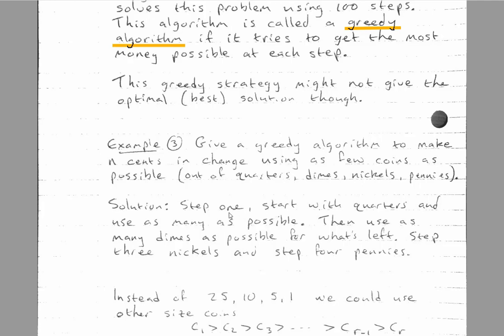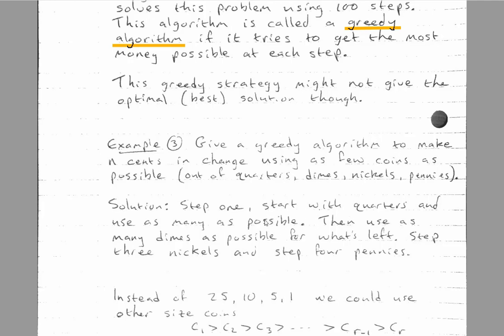I'm sure you've used these steps. Here n is any number of cents. First start with the quarters, so use as many quarters as possible. You can see that's a greedy step.